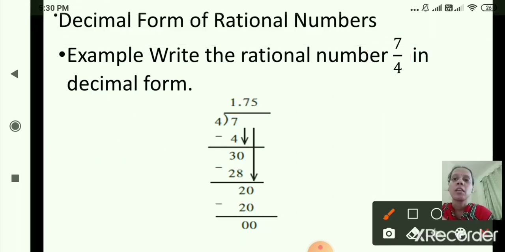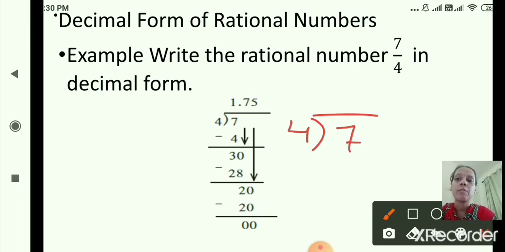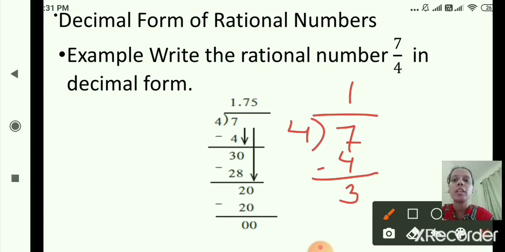Okay, once again we will see all the steps. Yes. First we will divide 7 by 4. So 4 ones are 4, right? Then 7 minus 4 is, yes, 3. Now can we divide this 3 by 4? No. So you will put a decimal point here. After writing the decimal point, we can add 0.